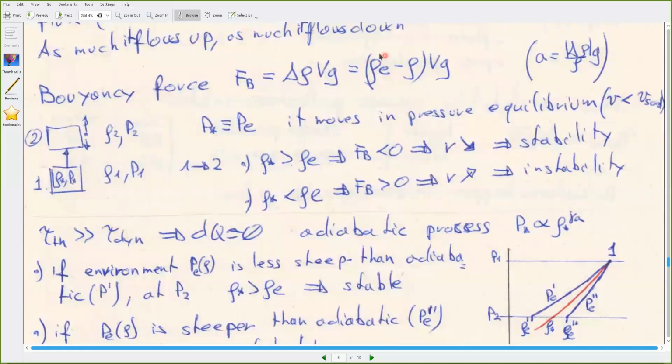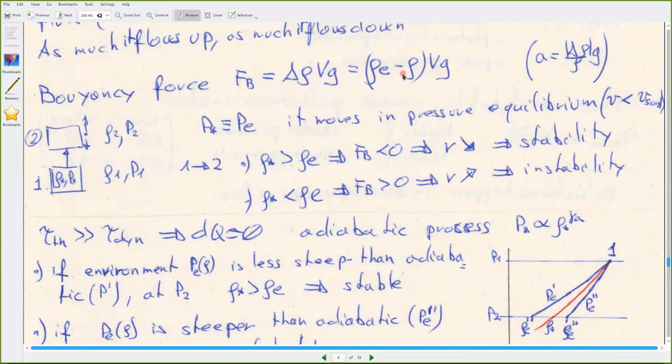Essentially, the difference between the density of the environment and the density of the object we are considering. So if the object is lighter, it will go up, since the difference is positive.